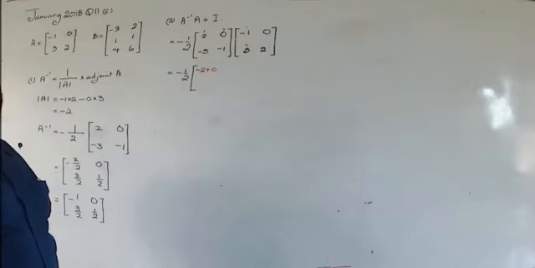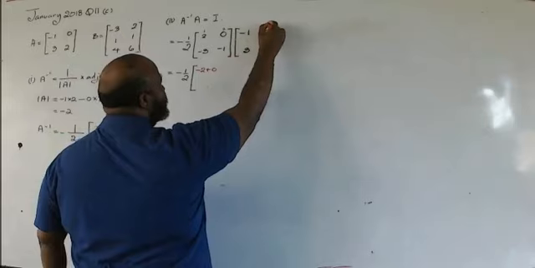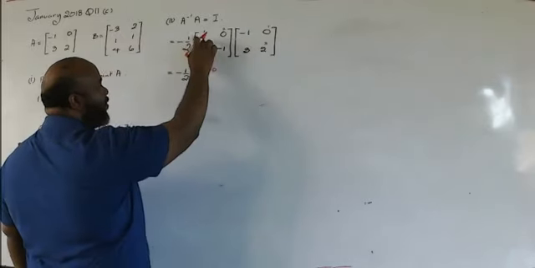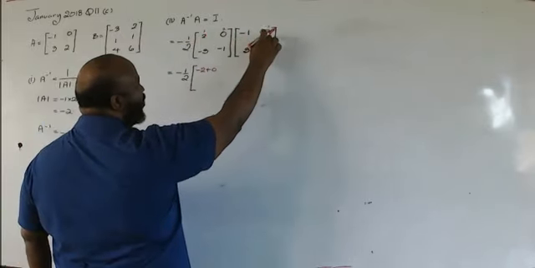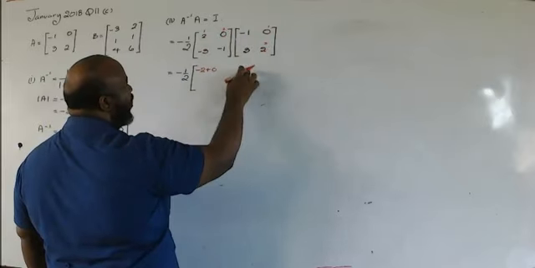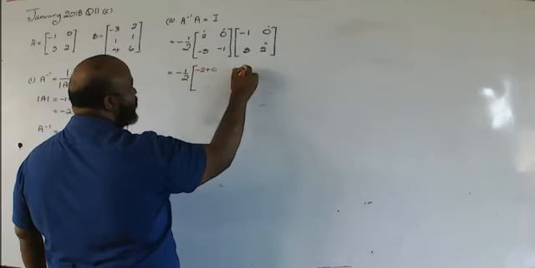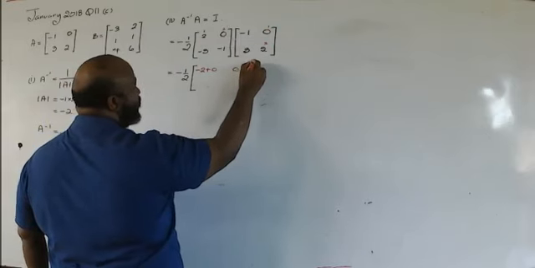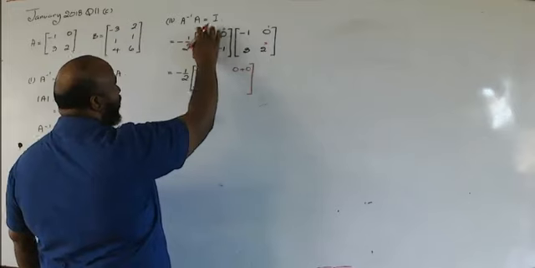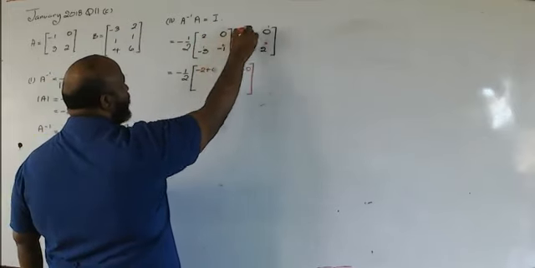Now I'm going to multiply the top row by the right column. First element in the row, first element in the column; second element in the row, second element in the column. What is 2 times 0? 0. 0 times 2, 0. I'm going now to the bottom row, left column.